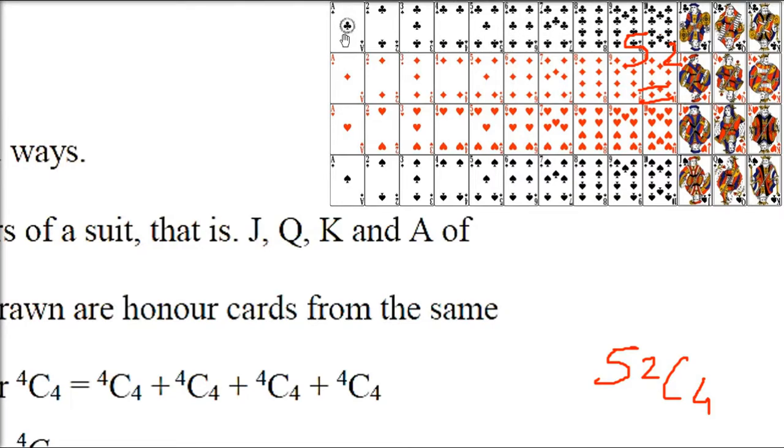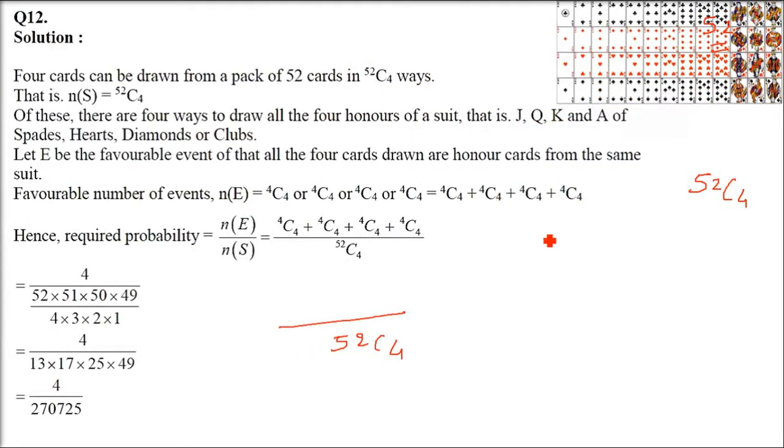So in one suit, 4 honors: jack, queen, king and ace. How many are there? 4 of them in these 13. So we have to select 4, and they have to be these honors. So there are only 4 honors.